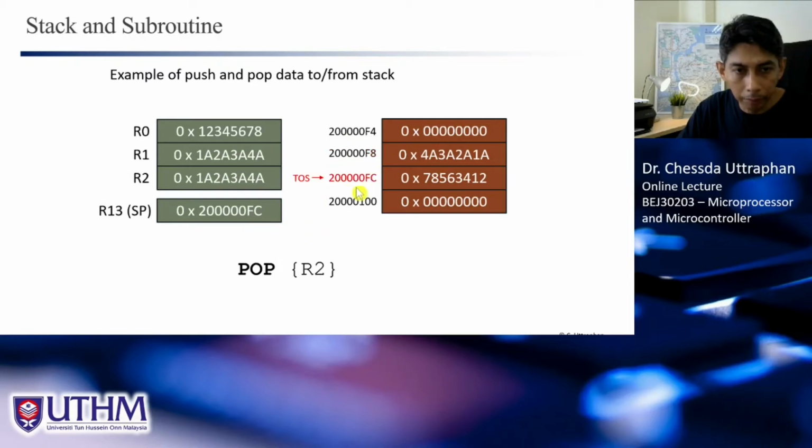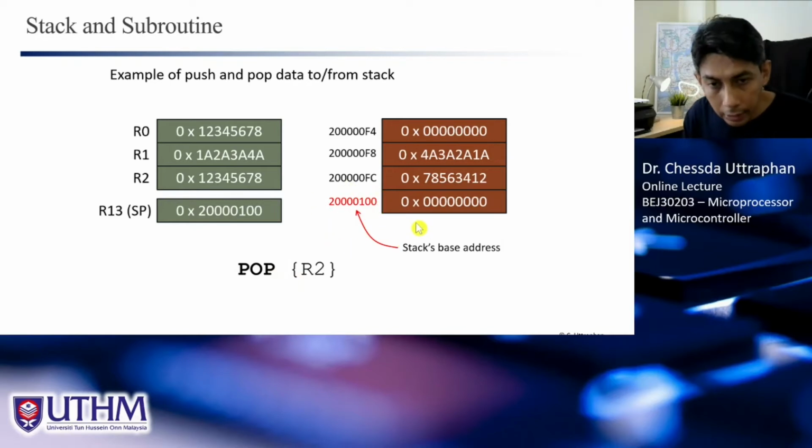And when you pop, SP will get this TOS again, FC, and when you pop again here, right? So this is how you push and pop the data, or how you use the stack in a microprocessor.